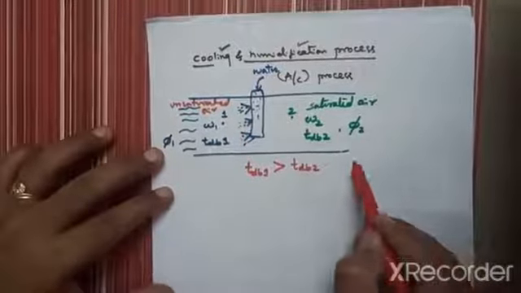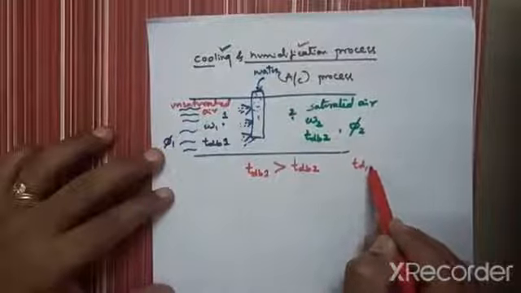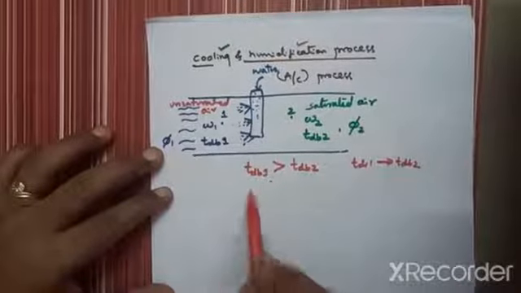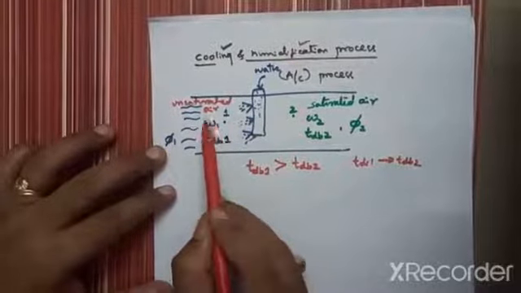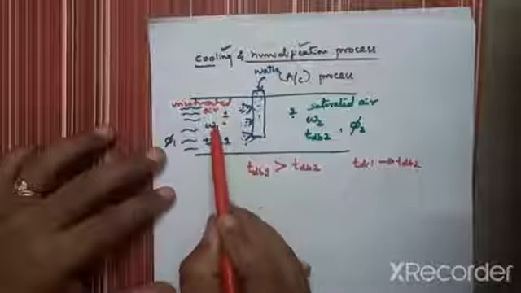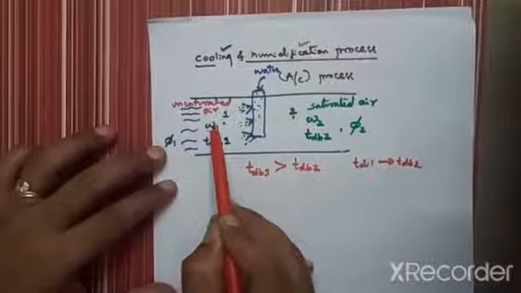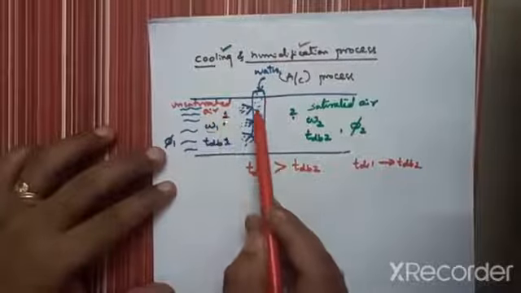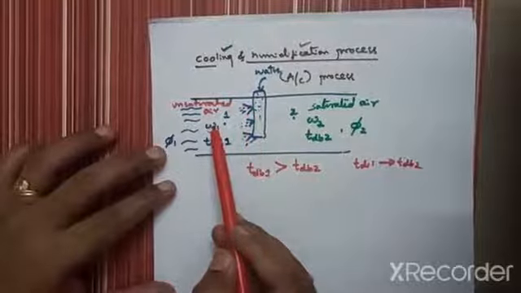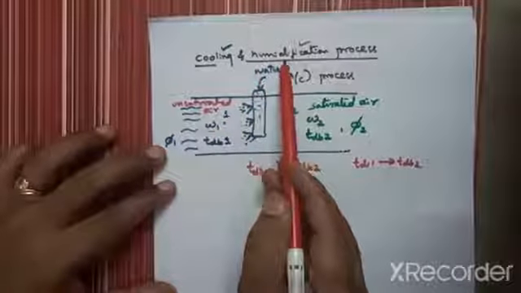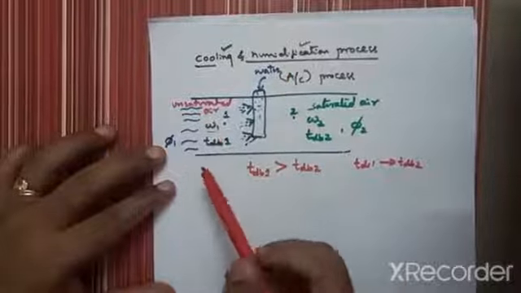TDB1 reduced to TDB2, as I have written here. Initially at point number 1 the moisture content is less. For that reason you are adding the water. If the moisture content is more, then there is no question of humidification. That would become dehumidification, removing of water vapor.